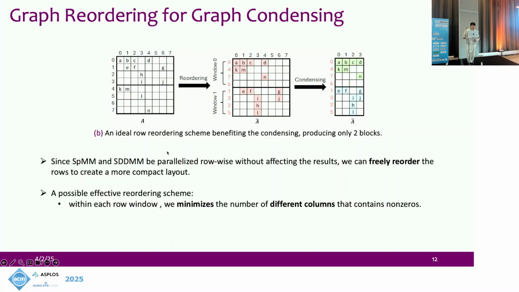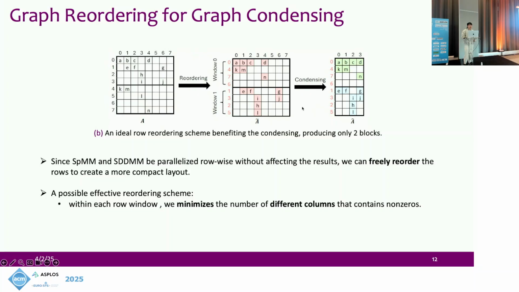Then we observe that it is possible to reorder the computation row-wise without affecting the result. An example is offered here. In the second graph, we place rows 1, 4, 0, 4, 7, and 6 together.